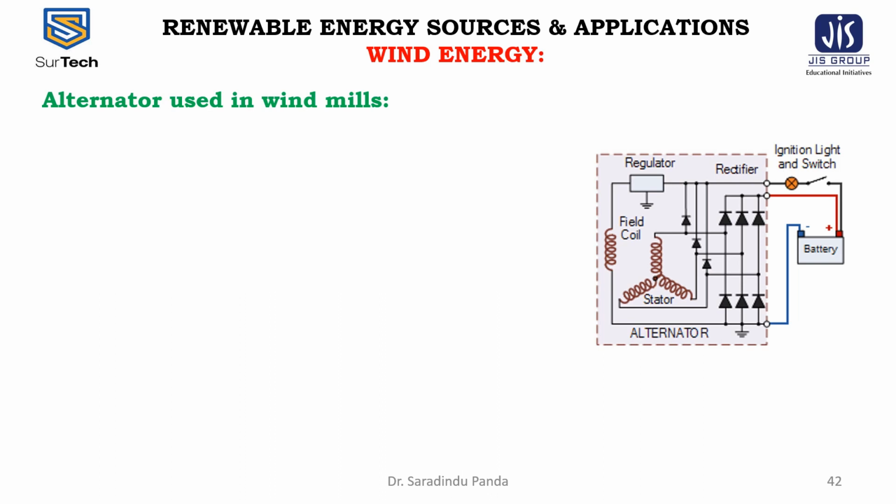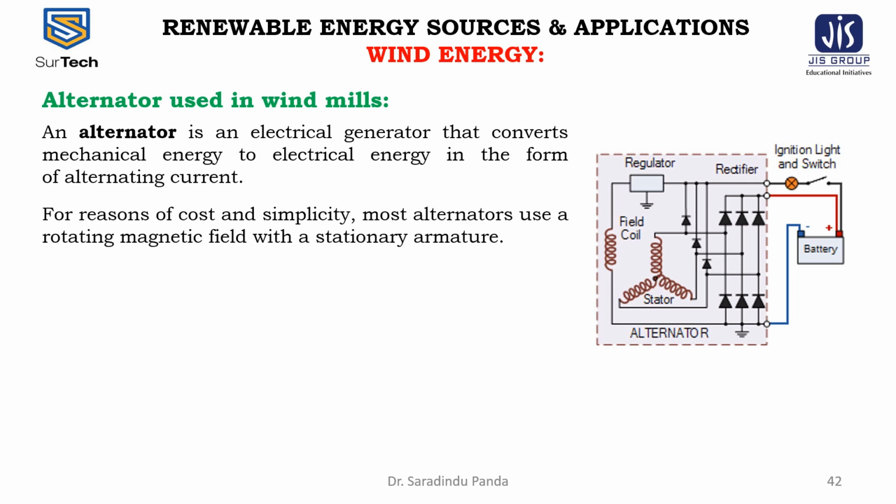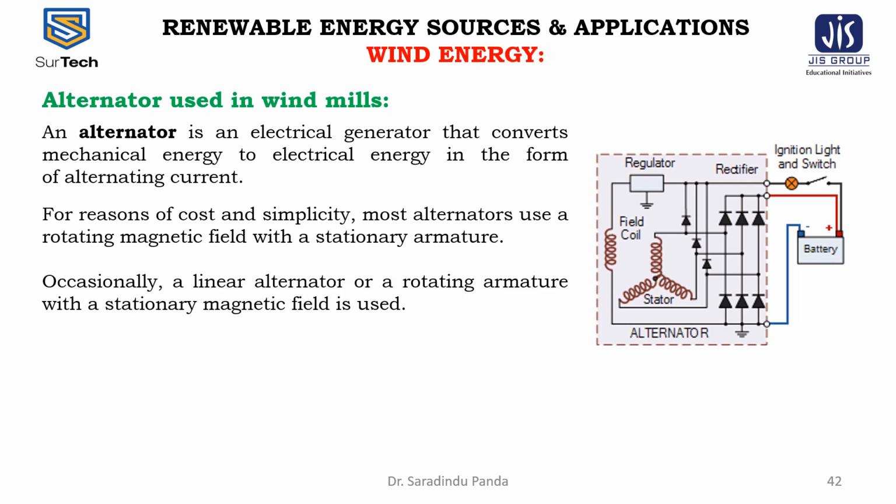Now come to the last part, that is the alternator, which is used in windmills. An alternator is an electrical generator that converts mechanical energy to electrical energy in the form of alternating current. For reasons of cost and simplicity, most alternators use a rotating magnetic field with a stationary armature.